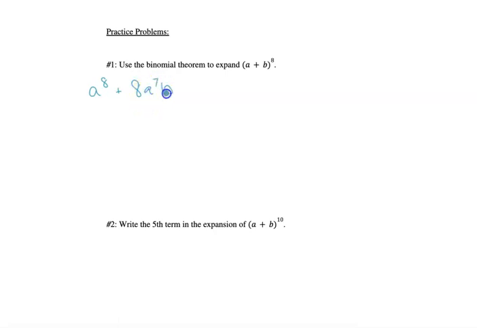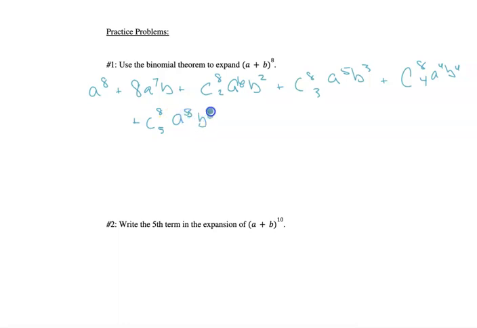We have a to the 7th b, plus, now I need the coefficient is going to be 8 choosing 2 to be a b, a to the 6th b squared, plus the coefficient of 8 choosing 3 to be a b, a to the 5th b cubed, coefficient of 8 choosing 4 to be a b, now a to the 4th, b to the 4th, plus the coefficient will be 8 total exponents choosing 5 to be a b, a to the 3rd, b to the 5th. Clean that up, that should be the 3rd there.